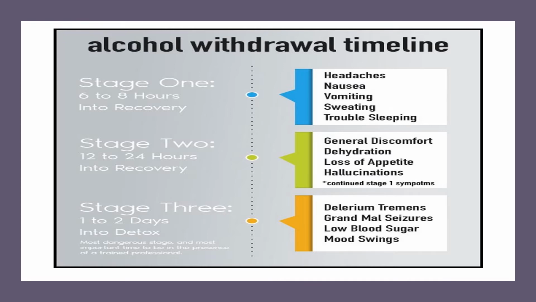And then finally, 1, 2, or 3 days later, as you are detoxing from alcohol, there's the potential for delirium tremens that we're going to talk about, which is typically a very, very agitated state, often with psychosis, which typically involves hallucinations.